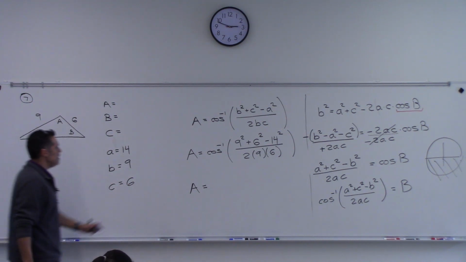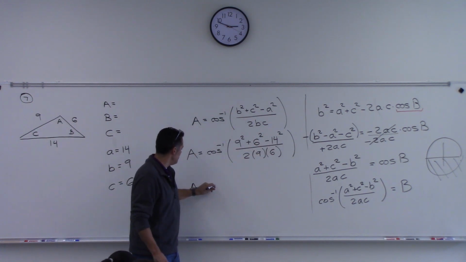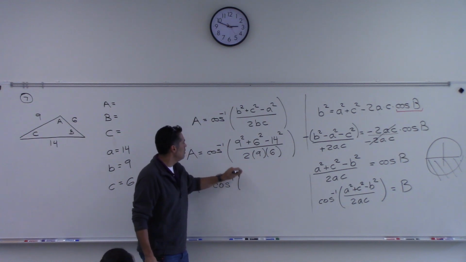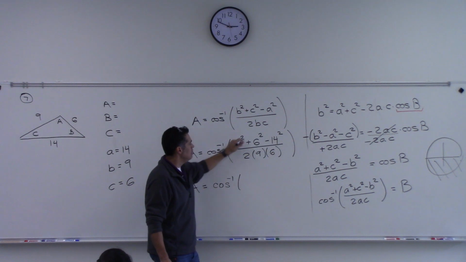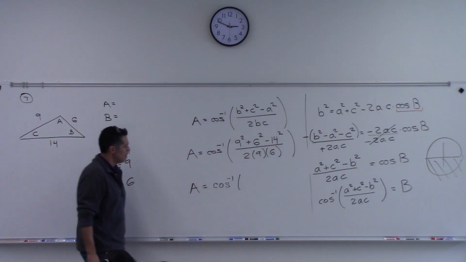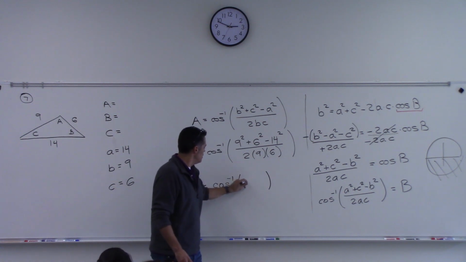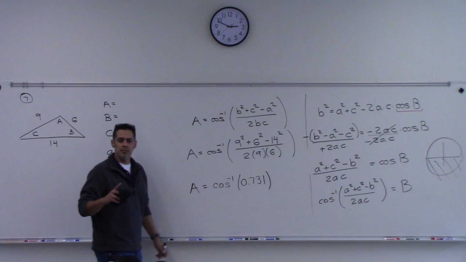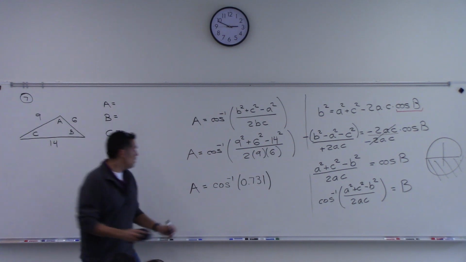Will somebody give me what's inside of here before you do cosine inverse? Inside all of this right here. 0.731. Anybody else get that? I got a negative. Okay, negative.